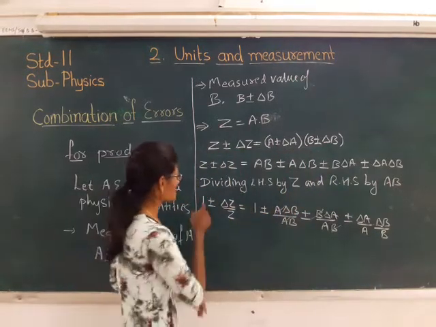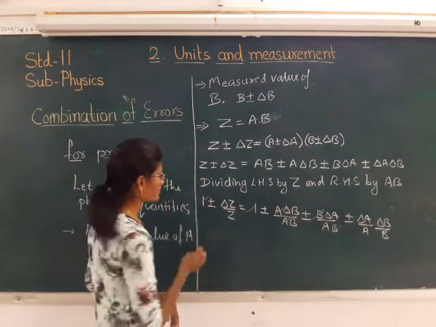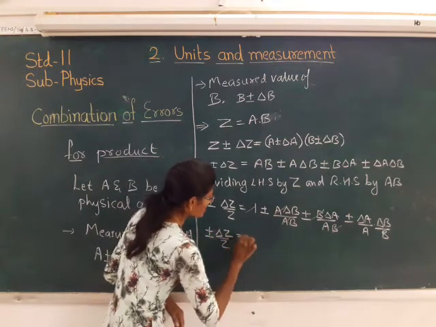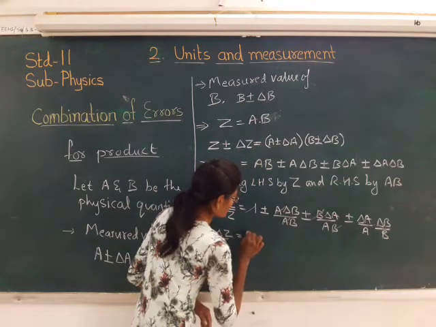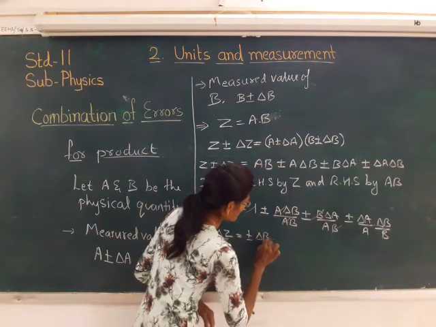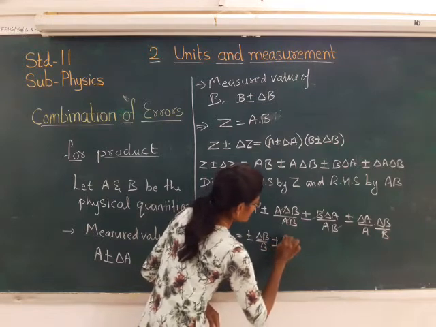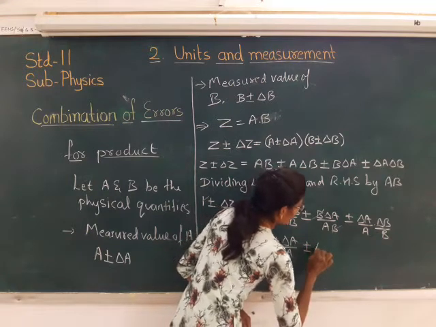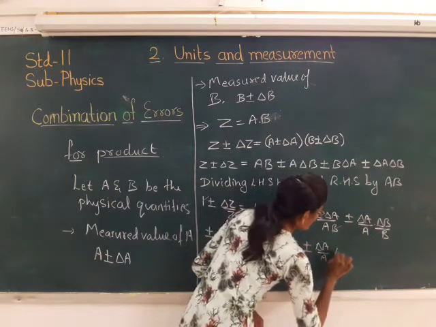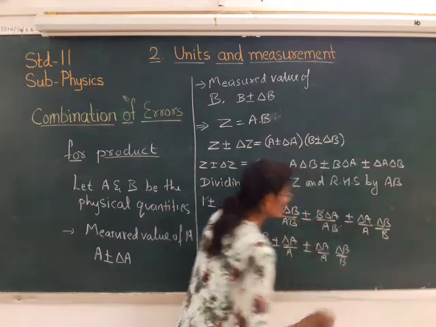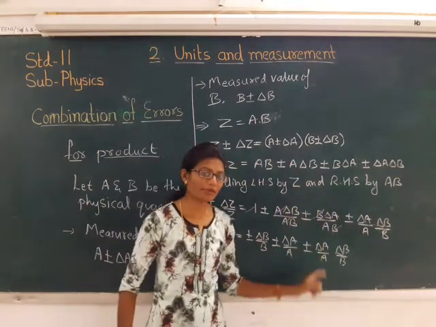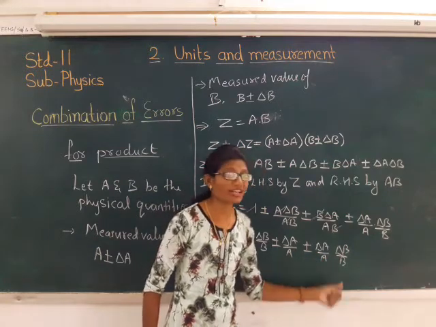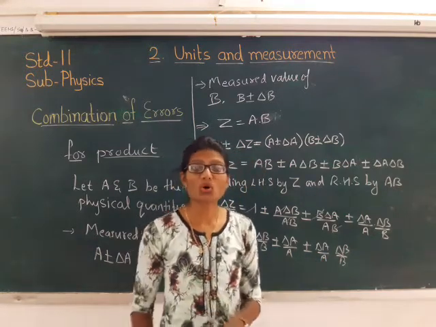In this equation, see, 1 gets cancelled, right? So what we have is plus minus delta Z by Z equals plus minus delta B by B plus minus delta A by A plus minus delta A by A dot delta B by B. Now see, this delta A by A and delta B by B are the relative error in A and the relative error in B, which are already very small.